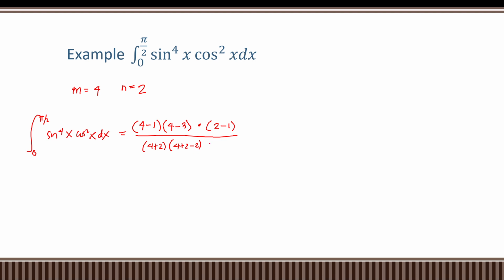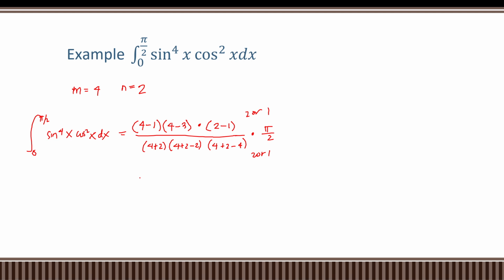Since both are even, we multiply by pi over 2. Again, 4 plus 2 minus 2, the remaining goes down to 2 or 1. So 4 plus 2 minus 4 is 2, therefore that's enough, and this 2 minus 1, that's enough.